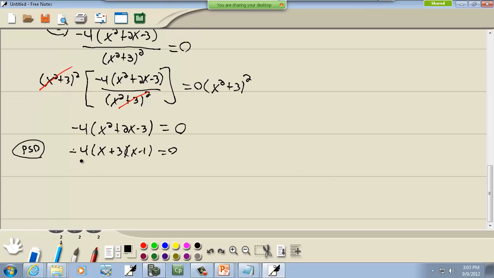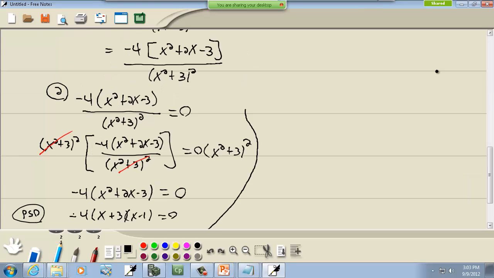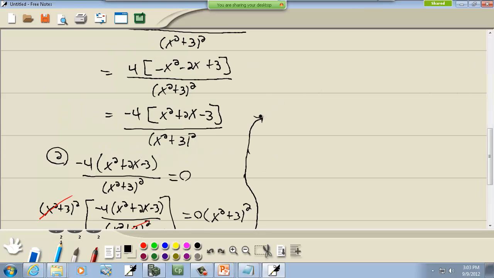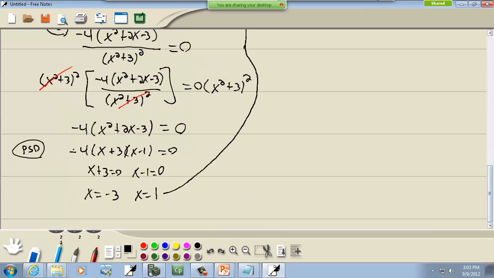We never set a number equal to 0, so we'll set x plus 3 equal to 0, and x minus 1 equal to 0. And we get x is equal to negative 3, and x is equal to positive 1.